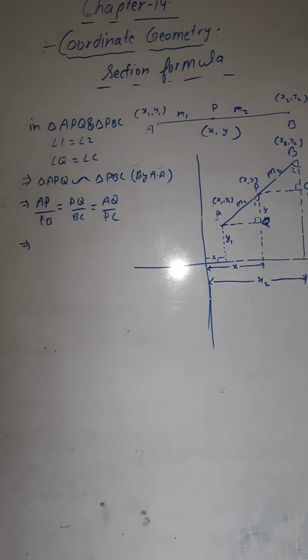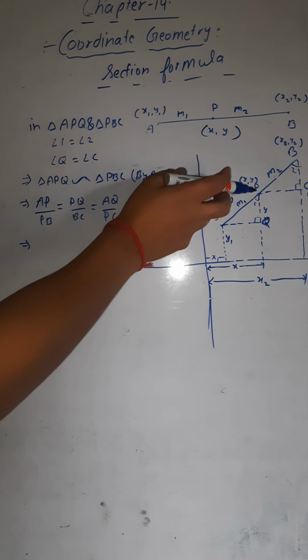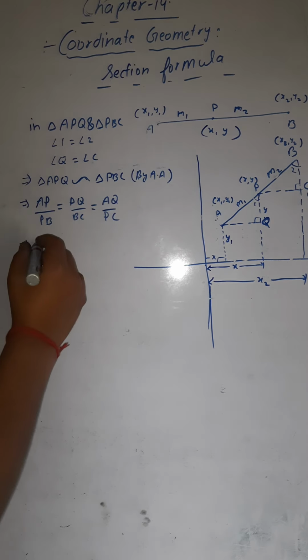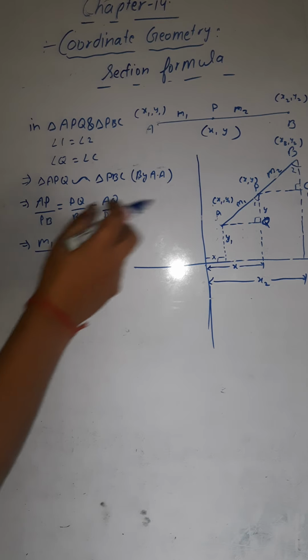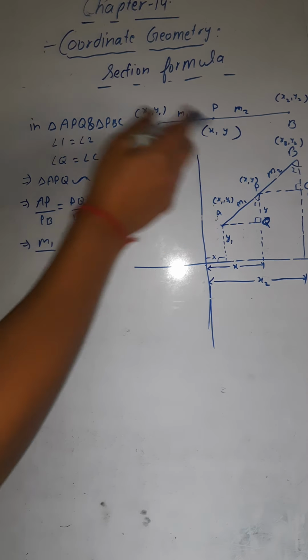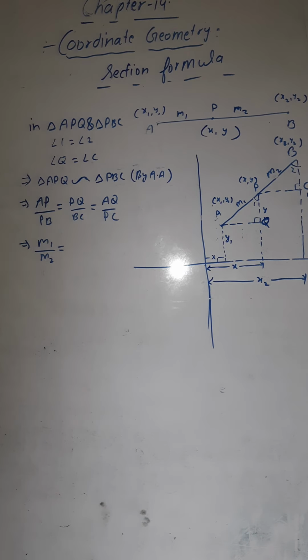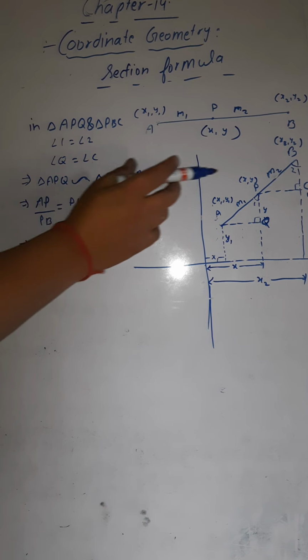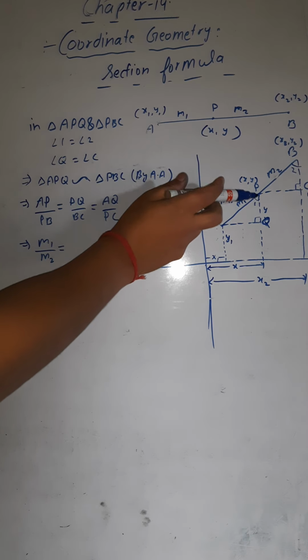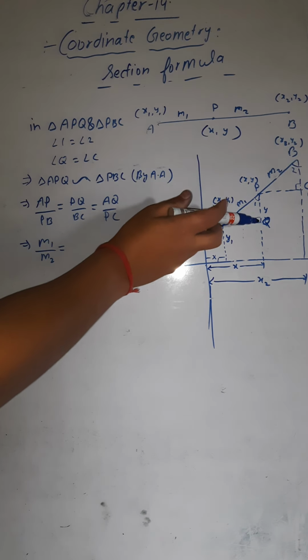Now, if I ask you AP by PB, AP, this distance is m1. PB, this distance is m2, equals PQ by BC. PQ is how much? If I ask you the distance from here to here, meaning PQ, you should know this.